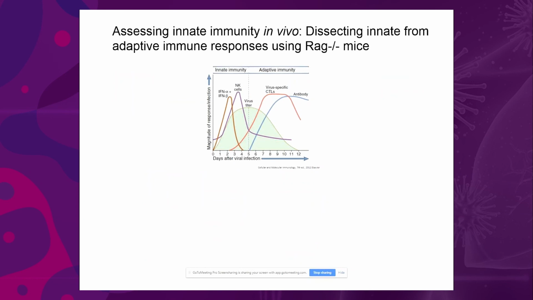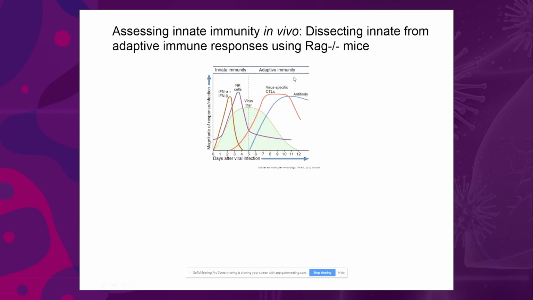Now, as you understand, innate immunity does not act on its own, but in all the systems that I described to you, adaptive immunity also gets activated. And of course, if you look very early on, you look at the innate immune response, the production of interferons, you can look at the activation of NK cells as well, or innate lymphocytes, and other key aspects of innate immunity that are activated.